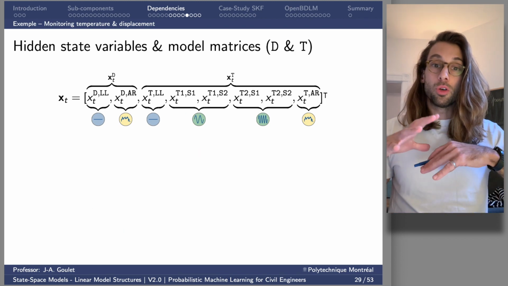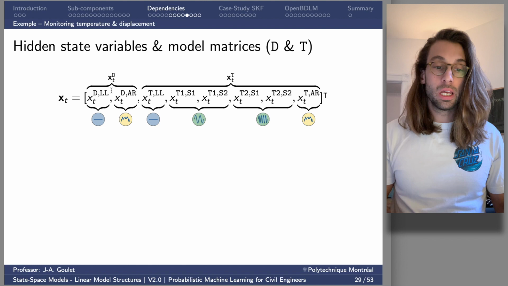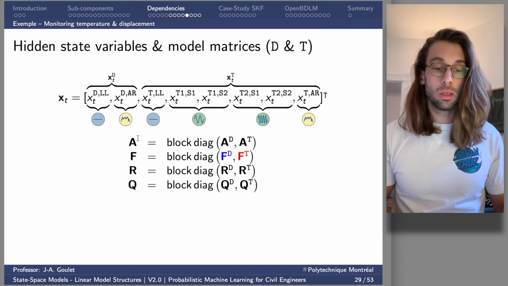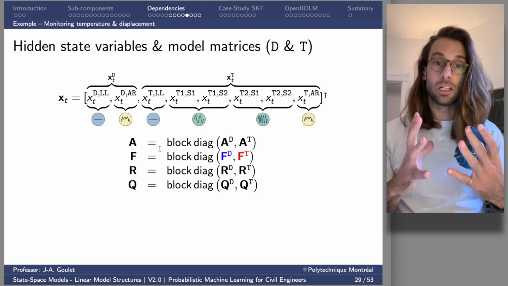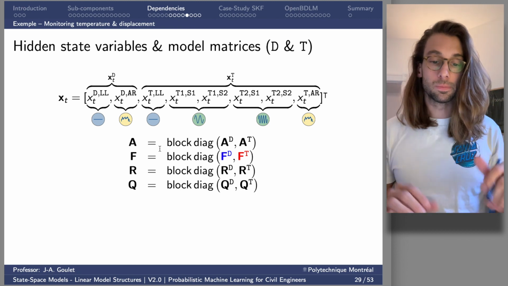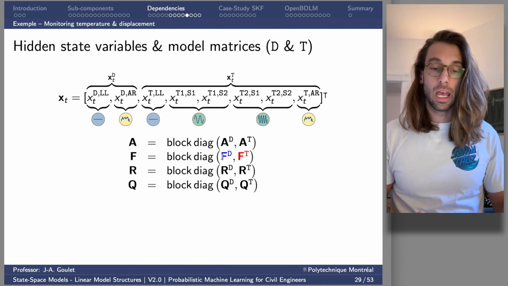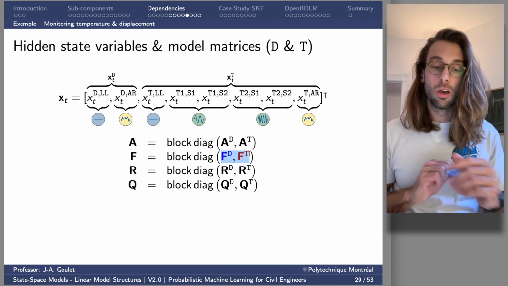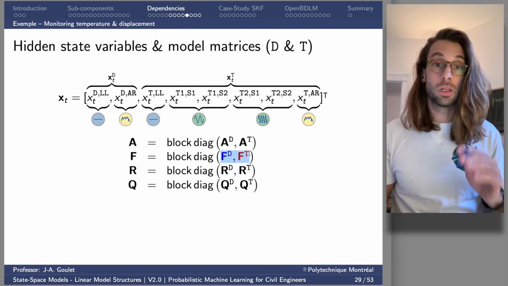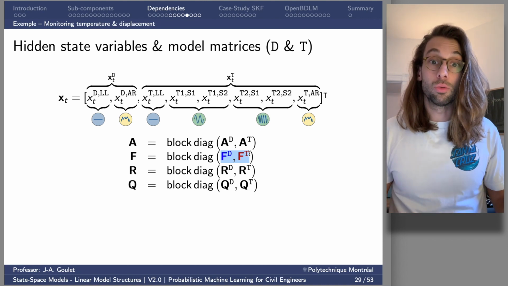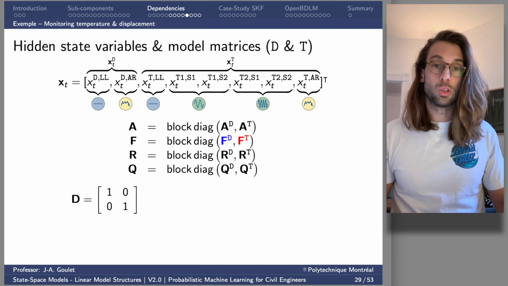Okay, so now if I want to assemble together my 2 hidden state vector, I'm going to build a global block diagonal matrix for my 2 time series. Here, displacement, temperature for A, F, R, and Q. And note here we have something specific for my observation matrix because this is where my regression coefficients are going to appear.